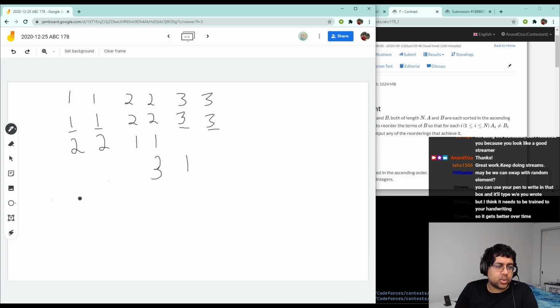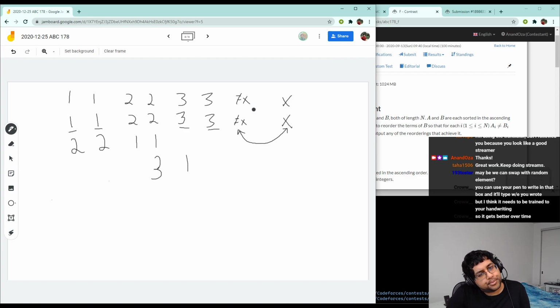So we just want to swap. Let's say we have an X and an X like this, and we want to make a swap. So we want to swap this into another position so that this value is not equal to X and this value is not equal to X. And that includes after any previous swaps that we've done, which is a little bit of the tricky part.